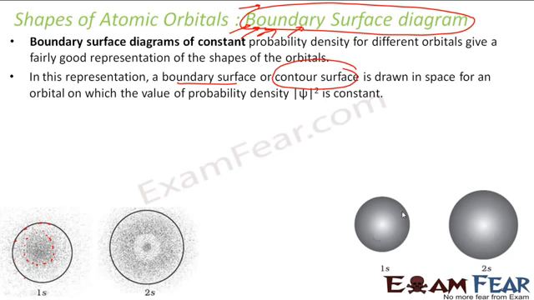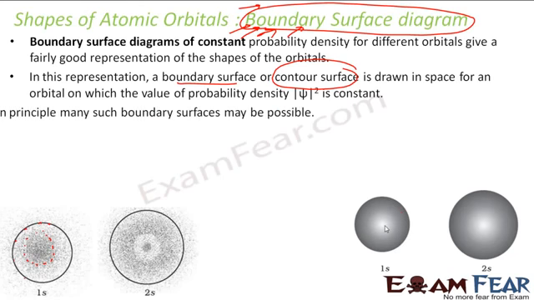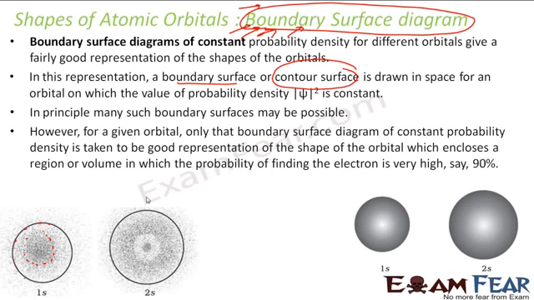If you see one dark here, the same darkness means the probability density is the same for getting the electron in this region. This is lighter, that means you have less probability of finding the electron, right? So in principle, many boundary surfaces may be possible. If you combine these, you get this kind of shape, right?